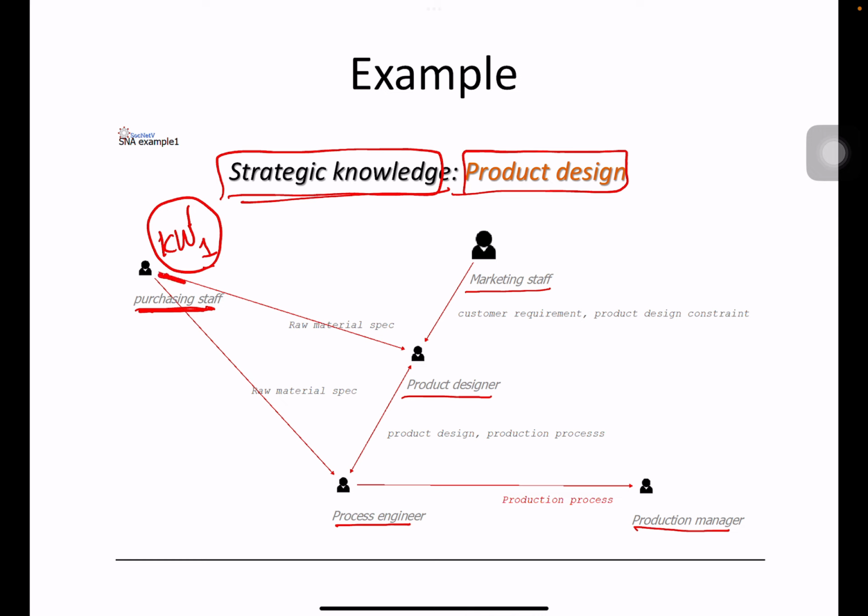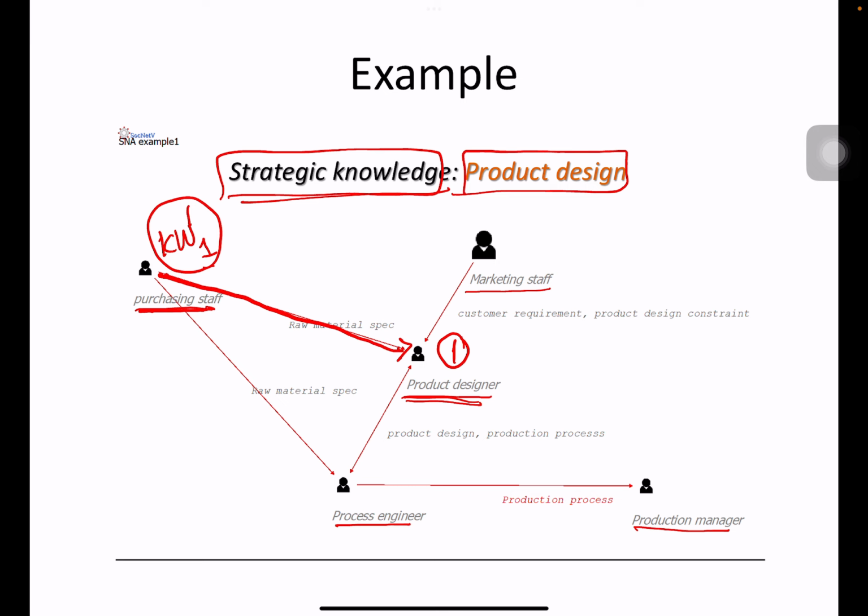The purchasing staff said the product designer, because we send the raw material spec to that person. So the product designer has 1 score from the purchasing staff. And who else?